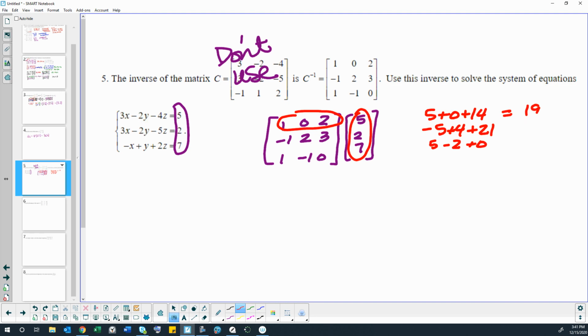So we get 19, 16, and 3. So our answers are x equals 19, y equals 16, and z equals 3. So when they give you the inverse, the process of finding the answer from that is pretty easy.